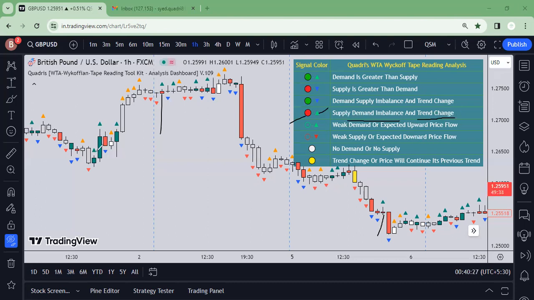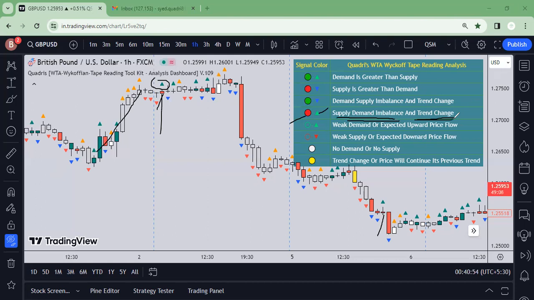So we were going upwards. This is a red bar or candle with a green triangle on the highest upper side pointing upwards. After that, what was our interpretation? What was our analysis report? What does it suggest? Either it is a supply and demand imbalance, first thing.